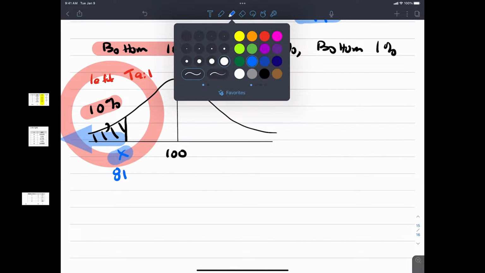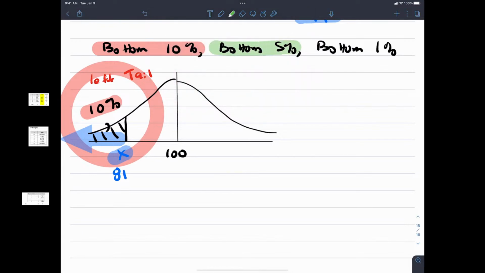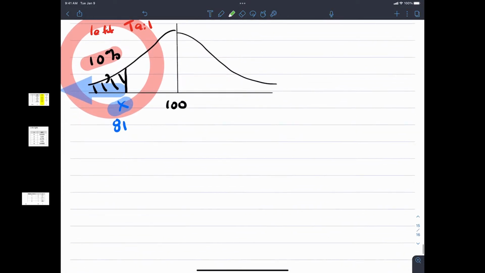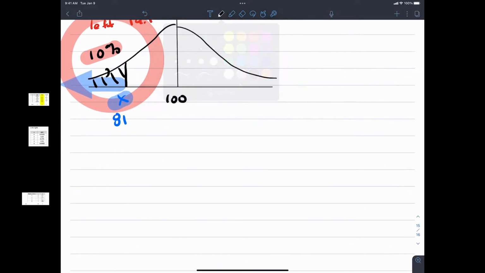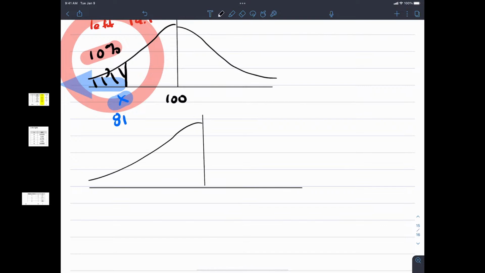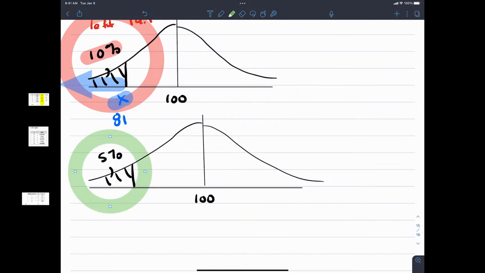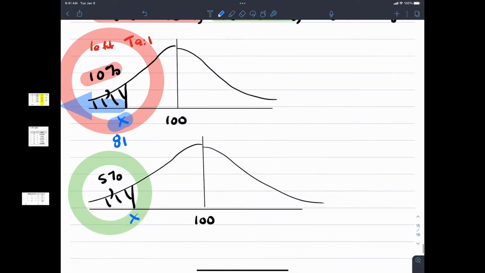Okay, then take a look at this one. I'm going to change the color. You go, but Mr. Judge, what if it's bottom 5% now? Not bottom 10. This is now still a left tail.